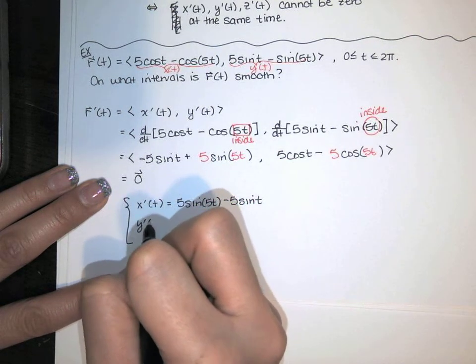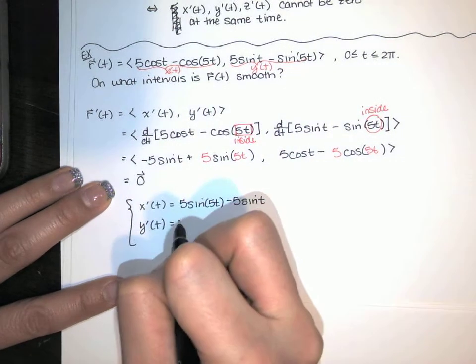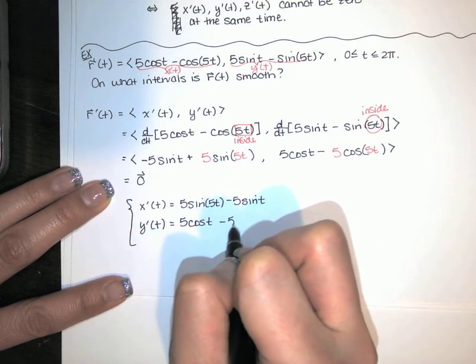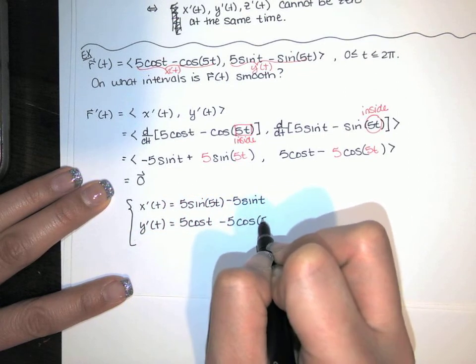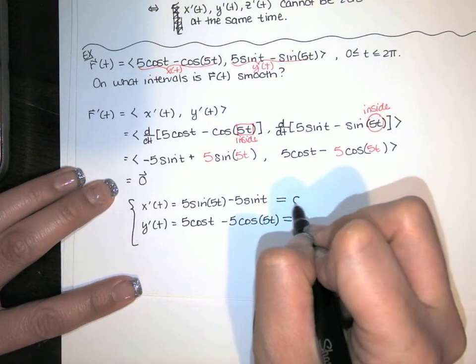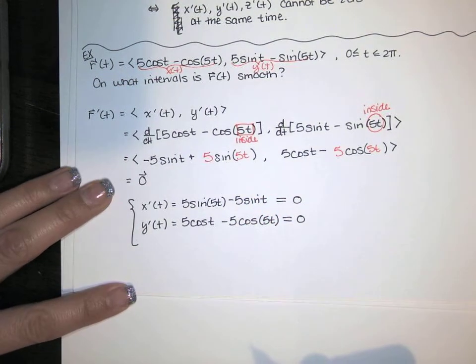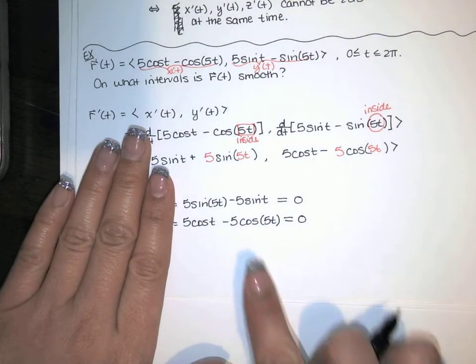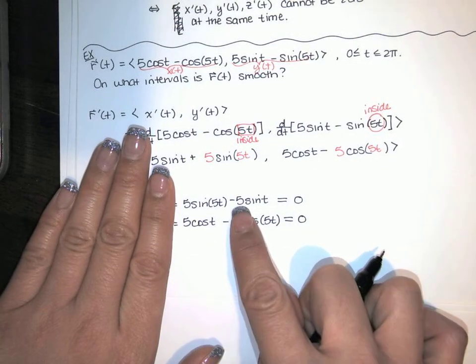And y prime is 5 cosine of t minus 5 cosine of 5t. And I want to know when both of those are equal to 0 at the same time. Well, with each of these equations, I've got 5 multiplying everything.